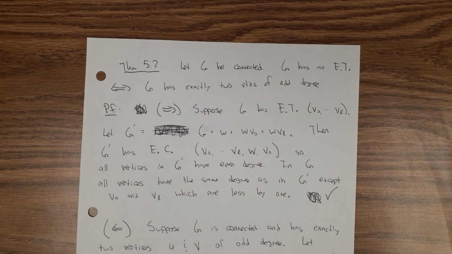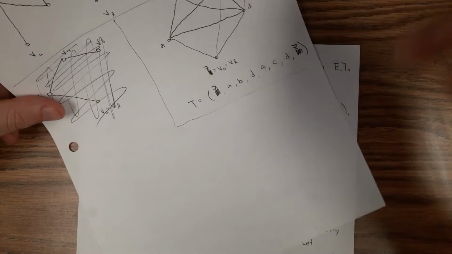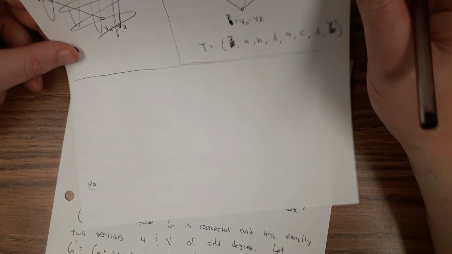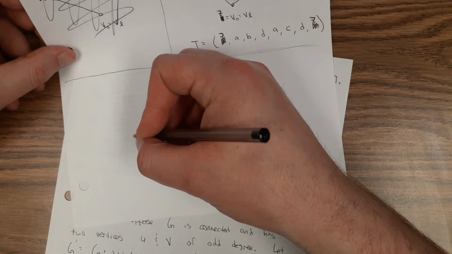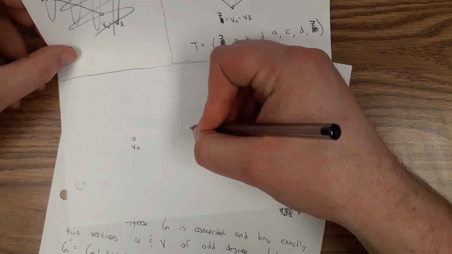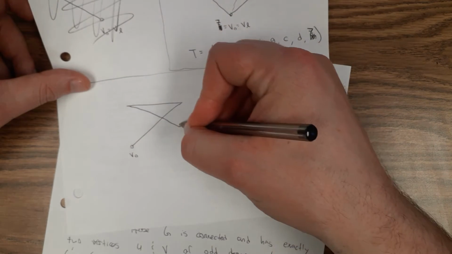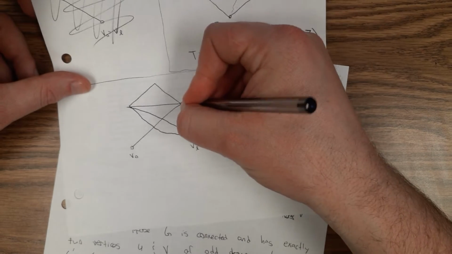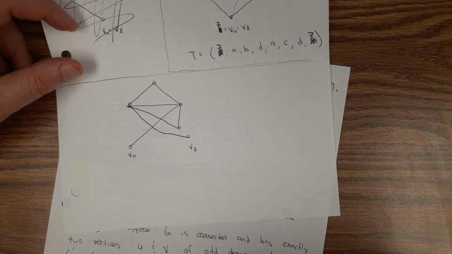And to prove this, there's kind of a simple trick. I'll just doodle on the bottom of this. Roughly speaking, say I just drew a graph with an Eulerian trail.